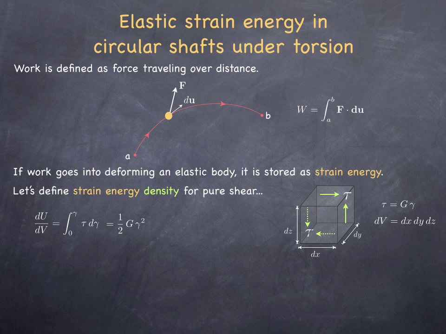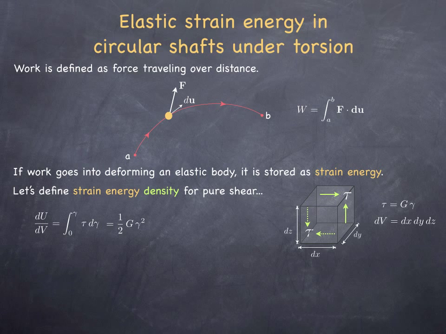Before we make any progress towards integrating this energy over the volume, let us make the observation that tau itself is nothing other than gamma times G, and if we integrate the work done by tau, it is just going to be half of G gamma squared.